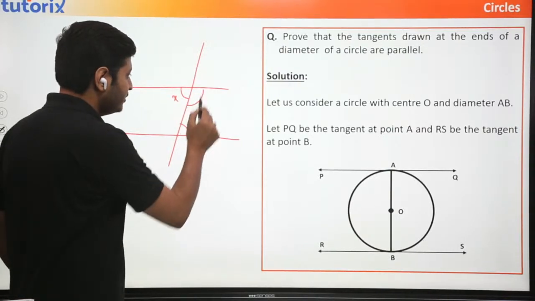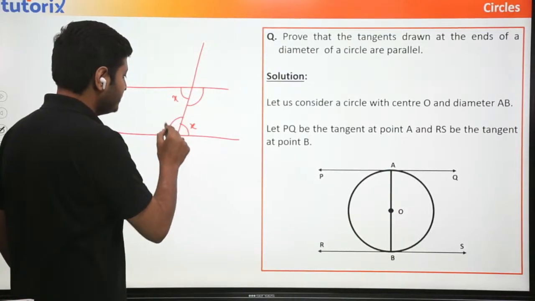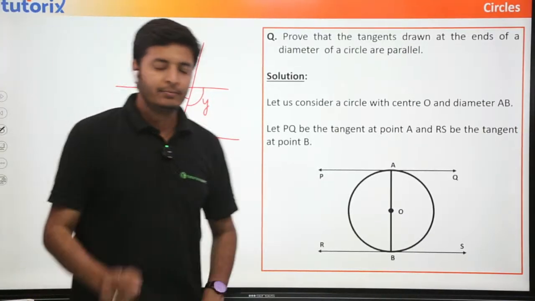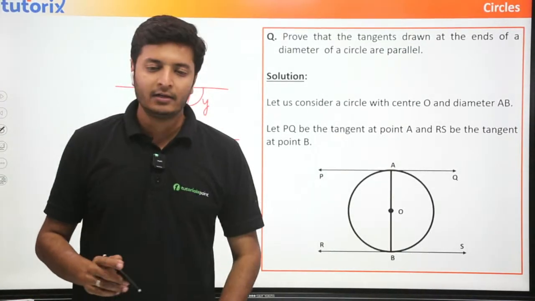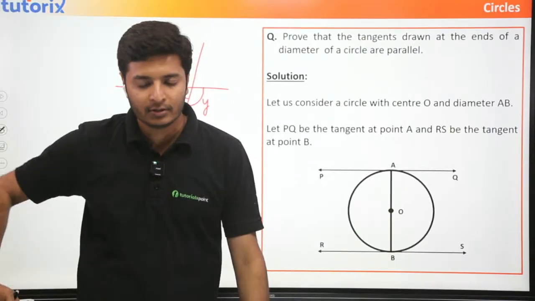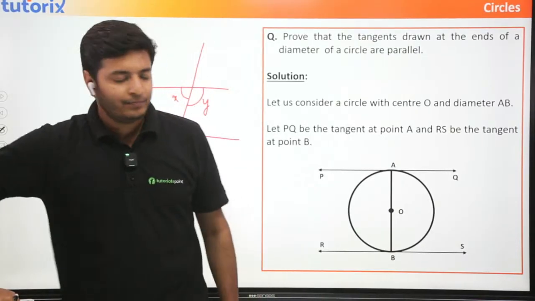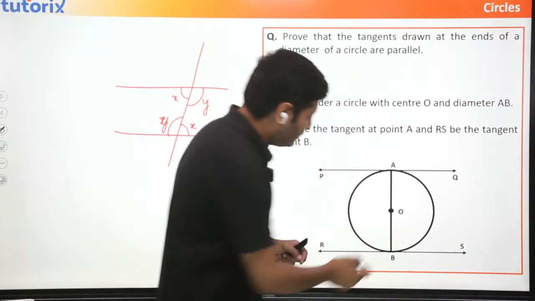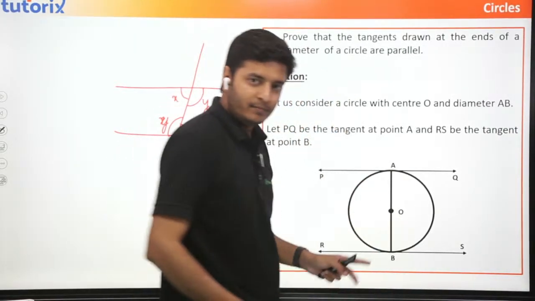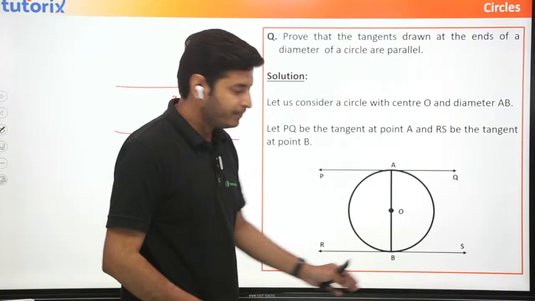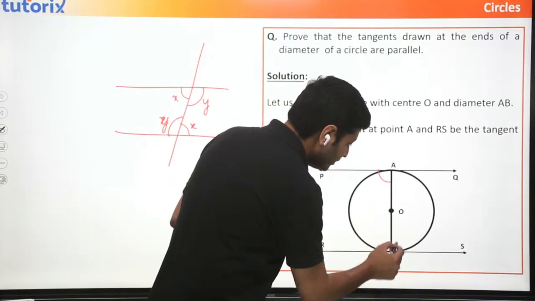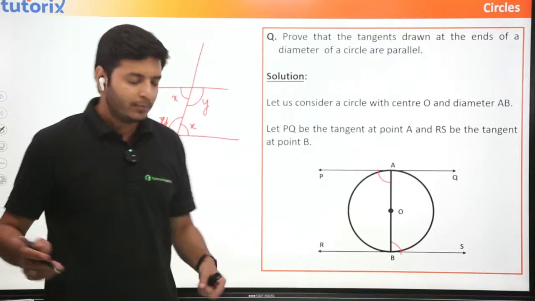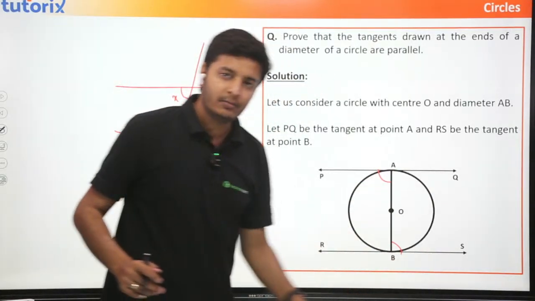The same you can apply here. This and this angle, if this is y, this is also y. So it means a pair of angles at alternate interior positions are equal. So if somehow I can prove that, this is the transversal, correct? The diameter is acting as a transversal now. If somehow I can prove that this angle and this angle are equal in value, then we can prove that the lines are parallel, correct?